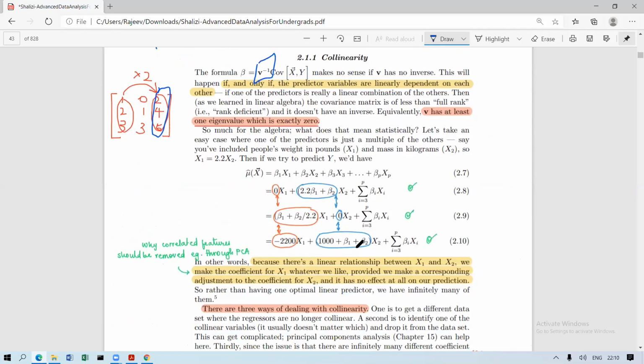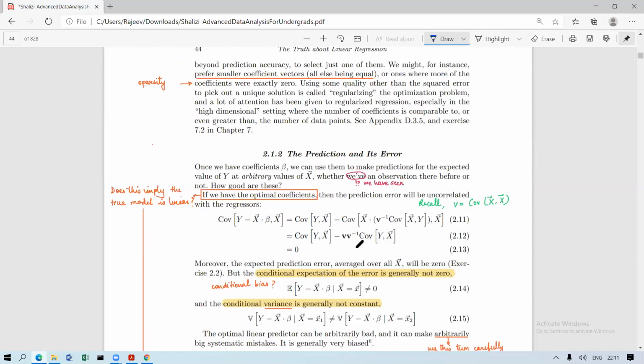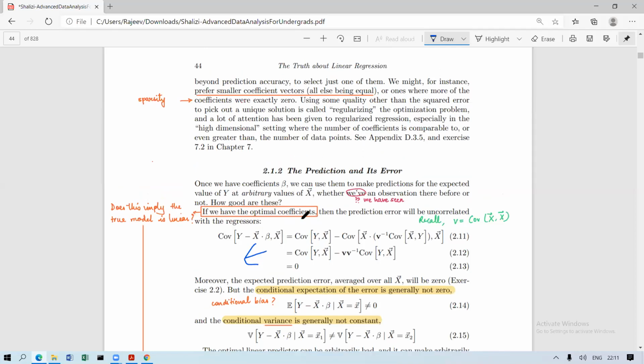Now what we are calculating is this: y minus x beta is simply the noise epsilon, which is also called the residuals. How does this residual correlate with x?